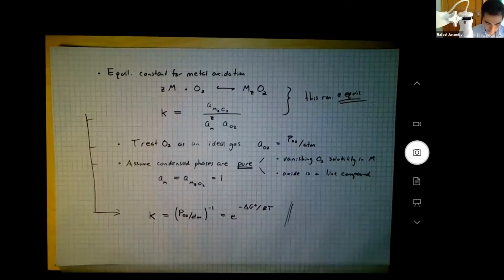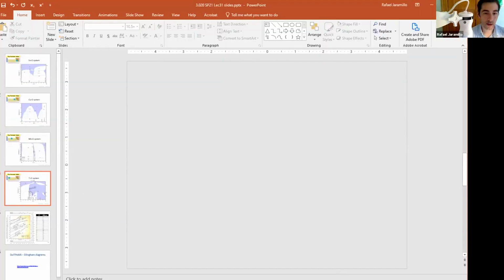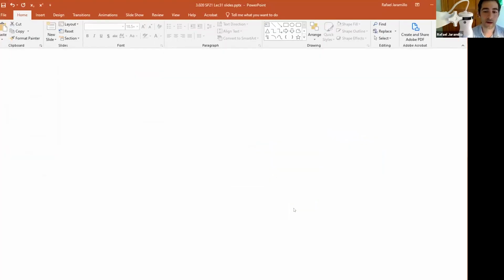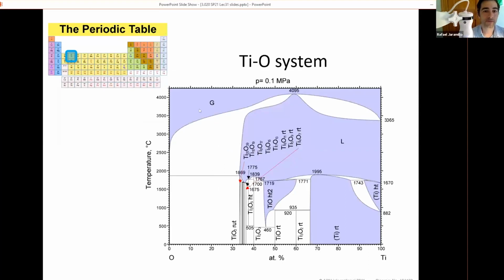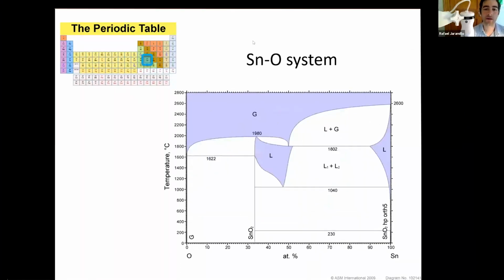All right, I want to share some slides on binary metal-oxygen systems to convince you that they do tend to be pure materials. So let's look here. I grabbed a couple. Here's the tin-oxygen system. Oxygen is just a gas here. Tin down here is a metal until it becomes a liquid.